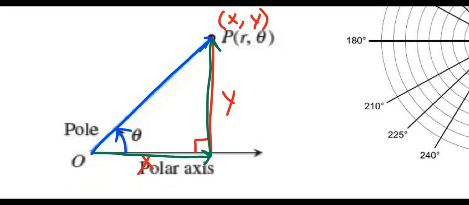Now, we can talk about this rectangular coordinate and this polar coordinate, but truthfully, we're landing at the same place. Hopefully, you realize that that's setting us up for being able to change things back and forth between rectangular form and polar form.